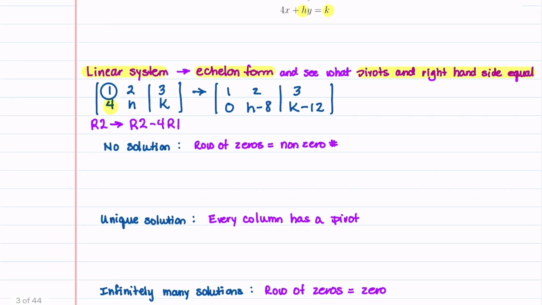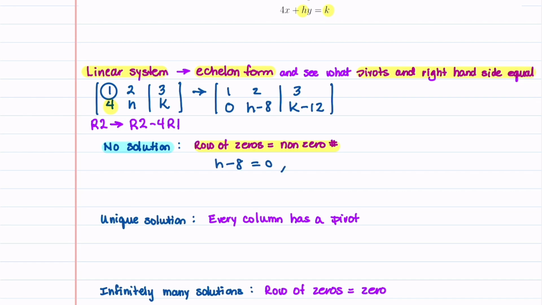Let's first look at when we have no solution. Whenever we have no solution, we're going to have a row of zeros equal to a non-zero number. So what we're going to do is force our left-hand side, h minus 8, to be equal to 0.